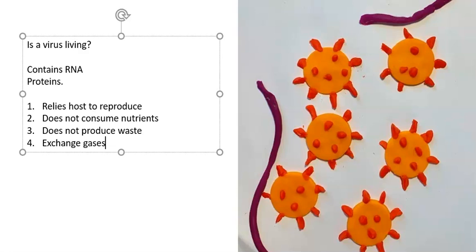It does not consume nutrients, although it does take over a host cell. It does not take in oxygen or carbon dioxide and release any immediate gases. So this is considered a little bit controversial since it does contain these natural biomolecules, which we said were part of a living thing, but it also is not made of cells.